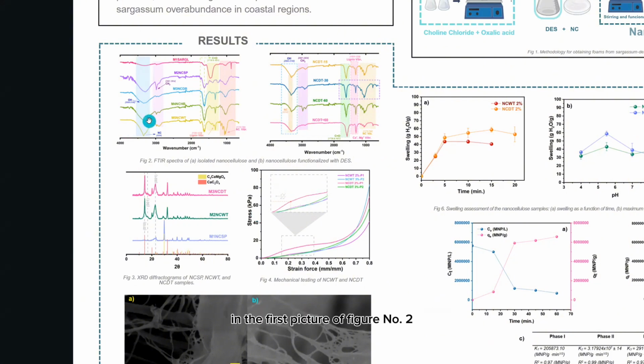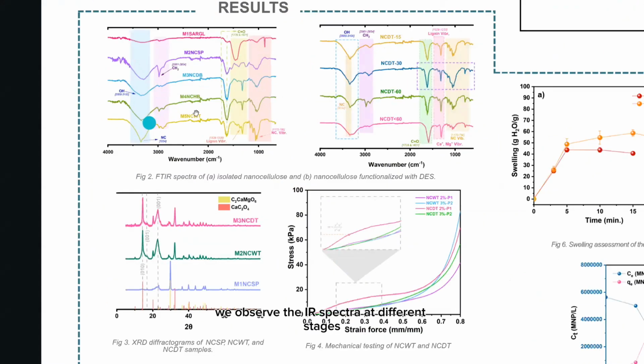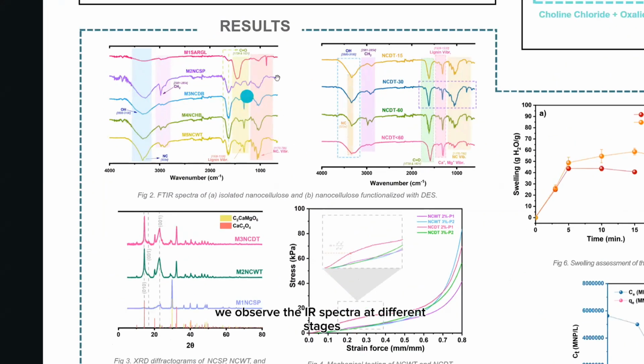In the first picture of Figure 2, we observe the IR spectra at different stages of the nanocellulose isolation process, and in the next picture, we see the reaction kinetics with the deep eutectic solvent. The spectra both clearly show the characteristic cellulose signals such as carbon and oxygen bonds and the main functional groups.